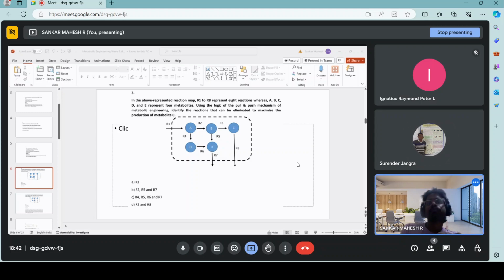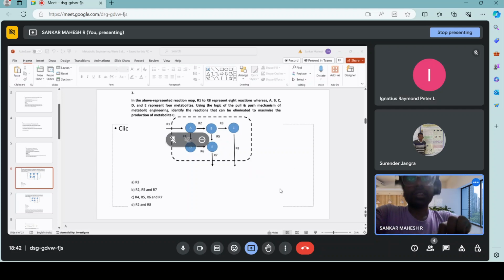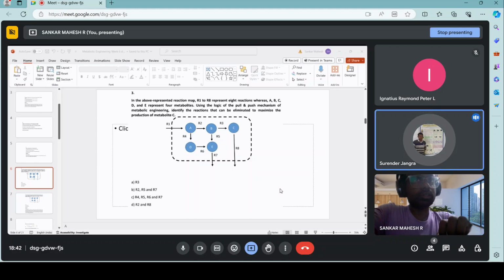Okay, right. Do you have anything beyond that? So for push, we have to increase the expression of the flux limiting enzyme also. For example, if any enzyme is not properly targeting the particular molecule to the product, we have to enhance its expression also.